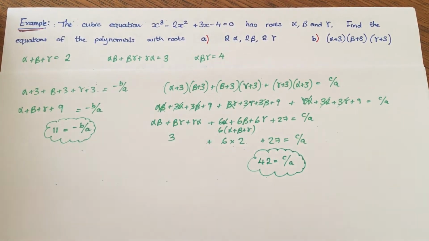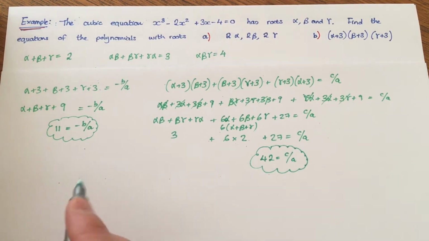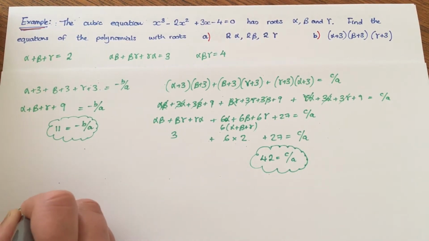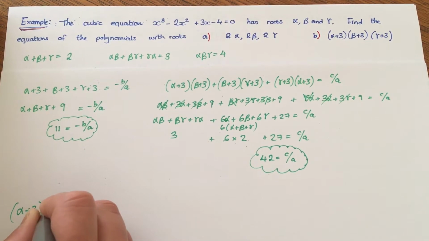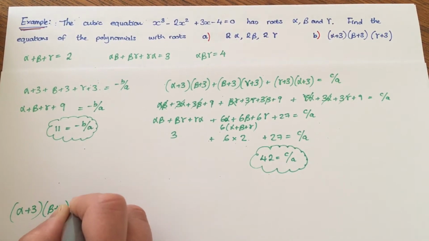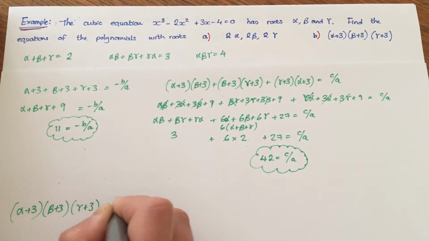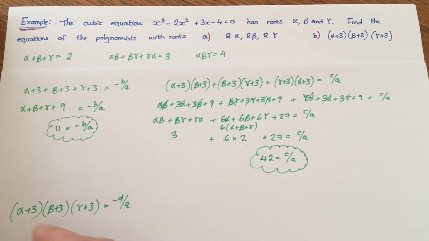And then for the product one, I'm going to go below. So I'm going to have alpha plus 3, beta plus 3, gamma plus 3, which would be minus d over a. So if I do this one, I've got alpha beta plus 3 alpha plus 3 beta plus 9.